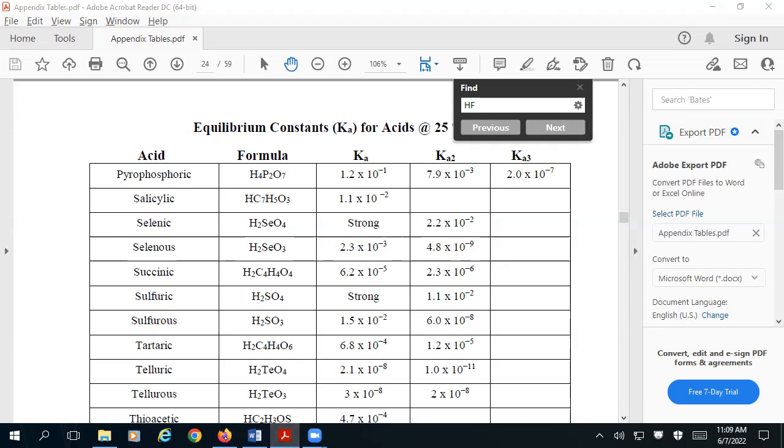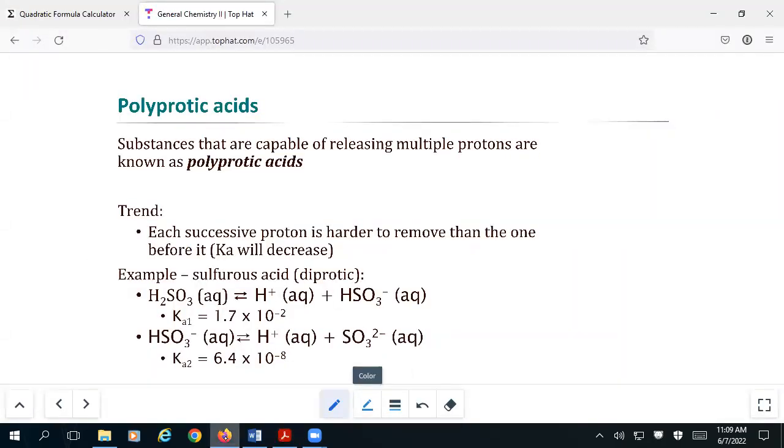And so when we look at polyprotic acids, that's what we have to recognize. Those acid protons are going to be released successively, one after the other. And each successive deprotonation is going to be harder to do than the first one.